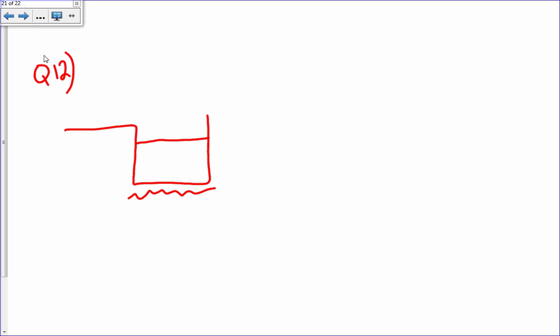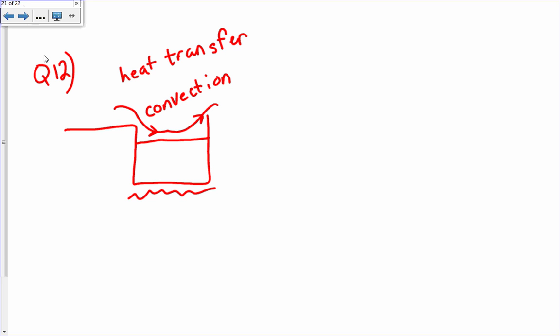If this water is uncovered, we have several modes of heat transfer that occur. Primarily convection, because I have these air currents that come down into the water and capture some of that heat and bring it away.